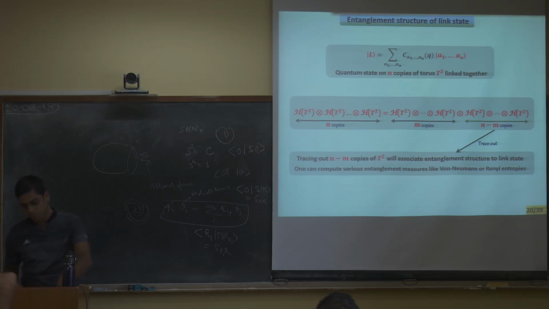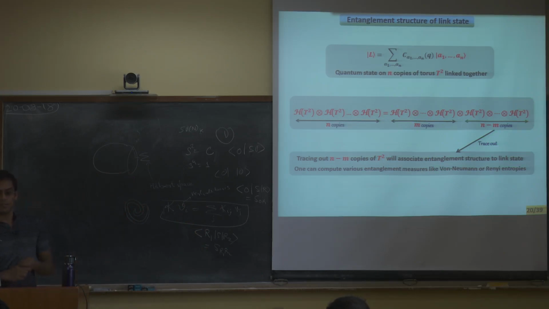Now what we can do is try to study the entanglement structure on the boundary by tracing out a subset of these Hilbert spaces. If it is an n-component link, the Hilbert space is n copies of torus T2. You can trace out n minus m copies, and it will assign an entanglement structure on this link state.